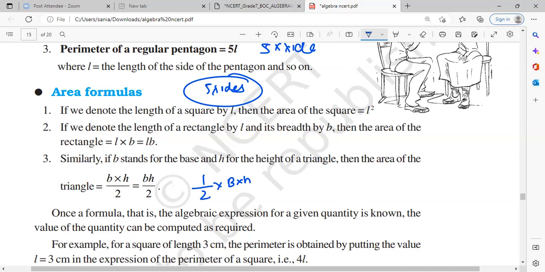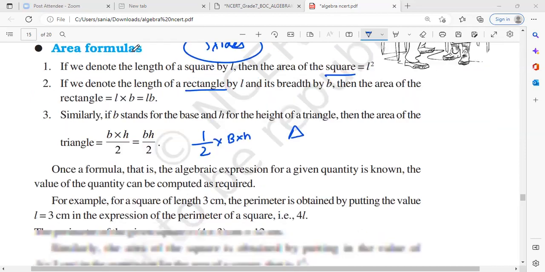So you will write all the formulas first for square, then for rectangle, and then for triangle. Ma'am, written.